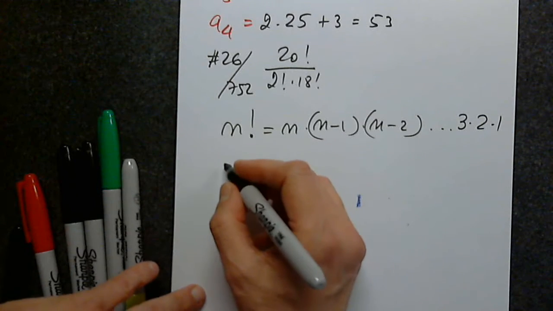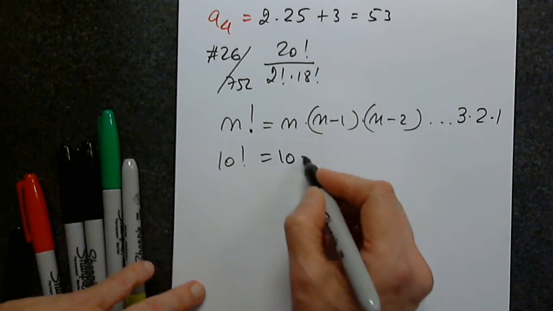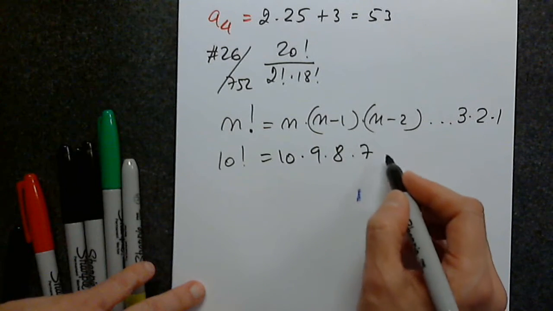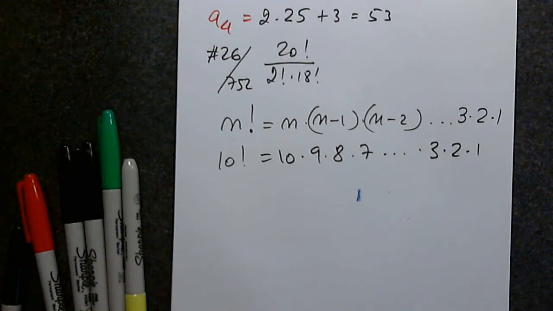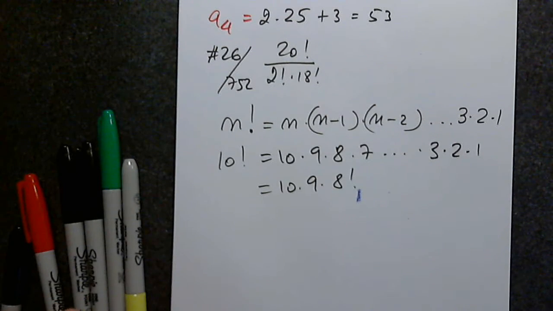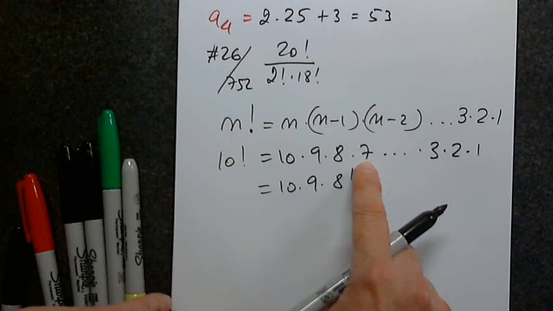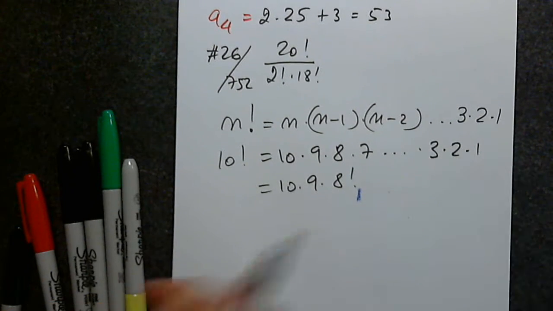So for example, if I have 10 factorial, I will have 10 multiplied by 9 by 8 by 7, dot dot dot, times 3 times 2 times 1. I can also express this as 10 times 9 times 8 factorial, 8 factorial meaning 8 times 7 times 6 times 5 times 4 times 3 times 2 times 1.